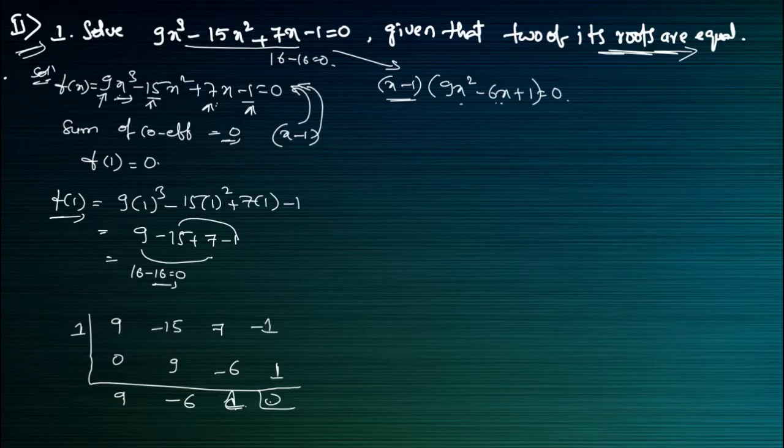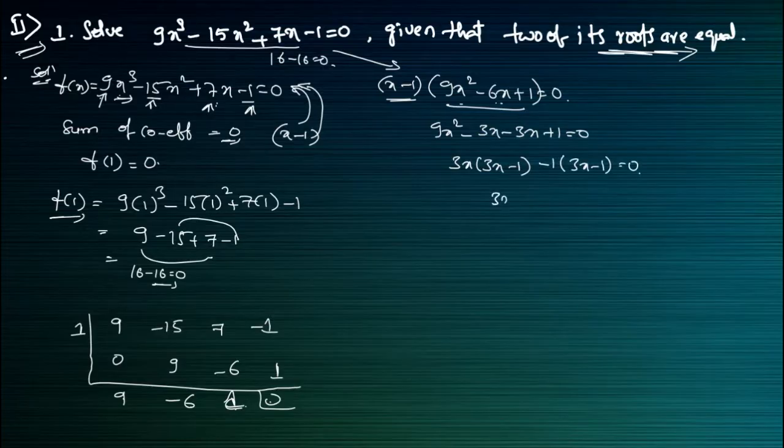We split the term: 9x square minus 3x minus 3x plus 1 is equal to 0. 3x into 3x minus 1, minus 1 into 3x minus 1 is equal to 0. So 3x minus 1 into 3x minus 1 is equal to 0. Therefore x is equal to 1 by 3 and x is equal to 1 by 3.